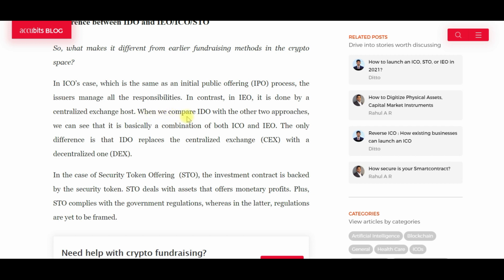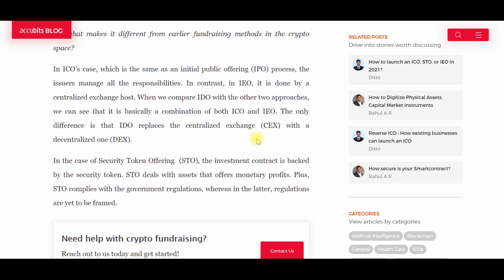So let's go on. When we compare IDO with the other two approaches, we can see that it is basically a combination of both ICO and IEO. Now, an IDO, right, is more like a compromise between an ICO and an IEO, right? That is what an IDO is. So how is it possible that an IDO is like a combination of two of them?